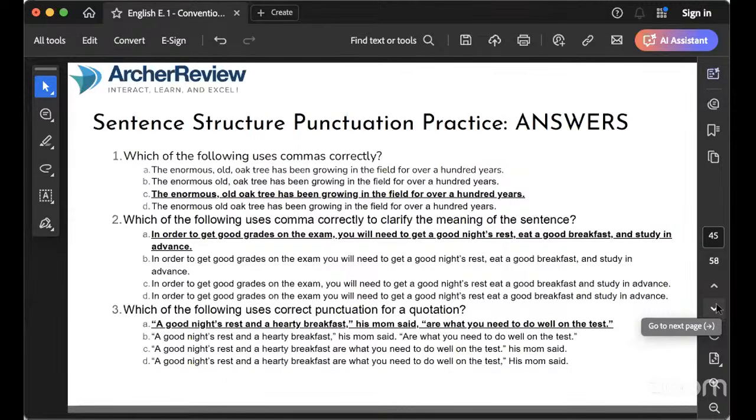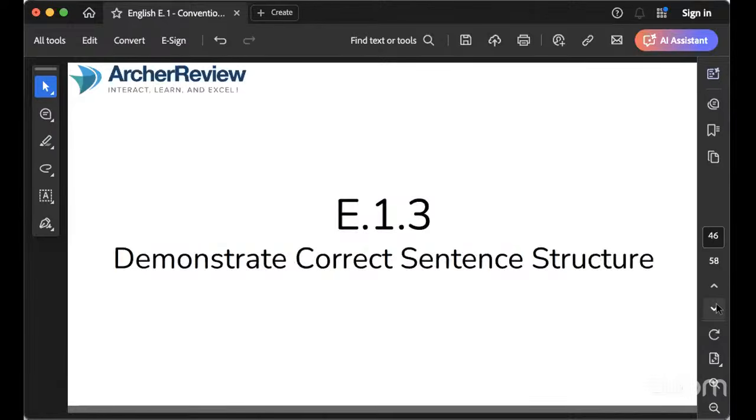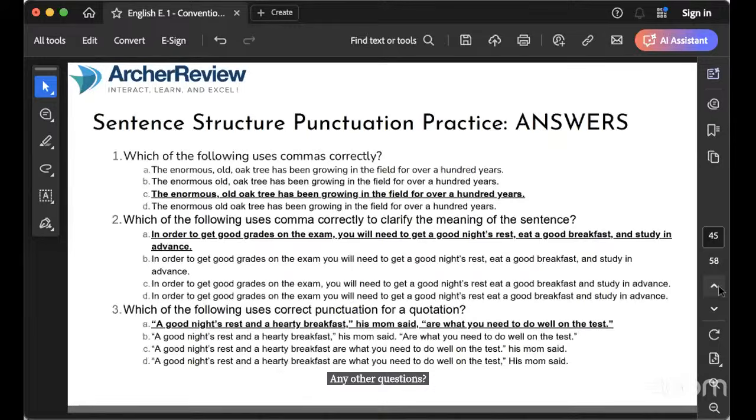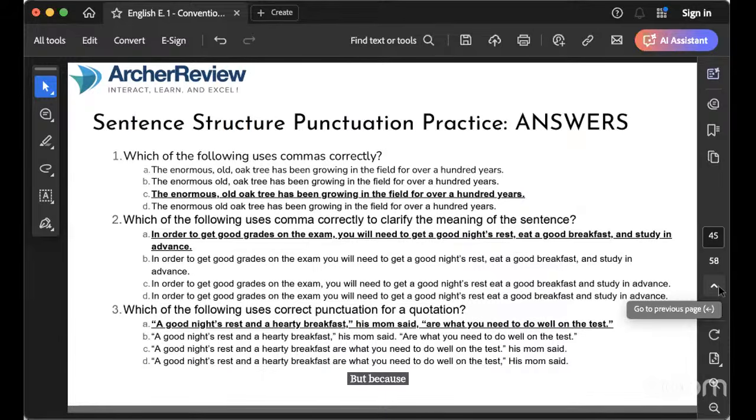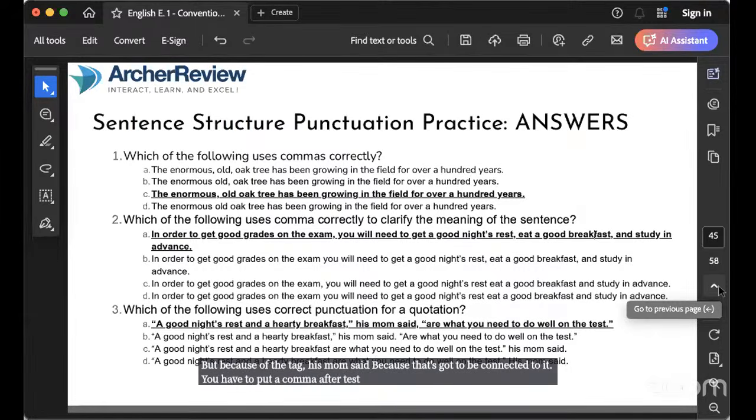Any other questions? D has a complete thought. Yes, the quotation, a good night's rest and a hearty breakfast are what you need to do well on the test. But because of the tag, his mom said, because that's got to be connected to it, you have to put a comma after test and put the period to round out the sentence at the end after the tag.